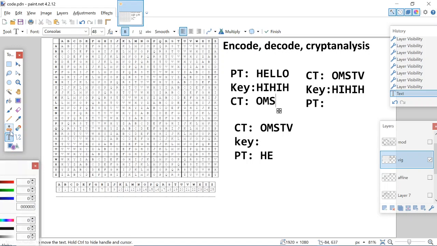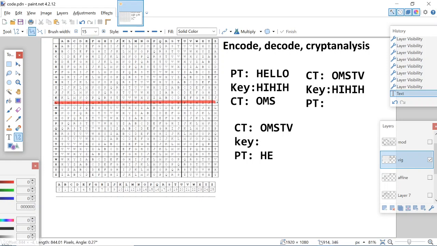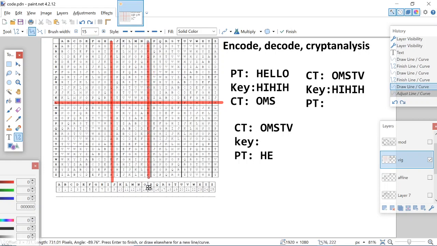So essentially how it works is, let me actually grab this. So I have my plain text L. I'm going to look at this row L. I have the key I, in this case, otherwise it would be H, but I look down this row I. Find my intersection, T. Same thing with the O and the H. It doesn't matter if I do H and O or O and H, as long as it's done correctly, you'll see H and O. So T, V, and then TV.